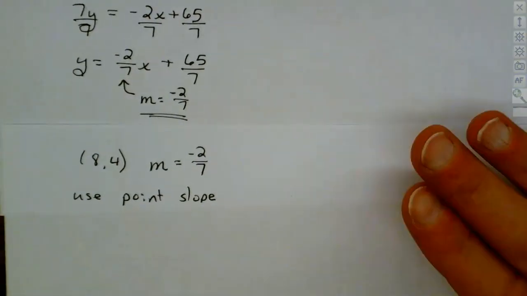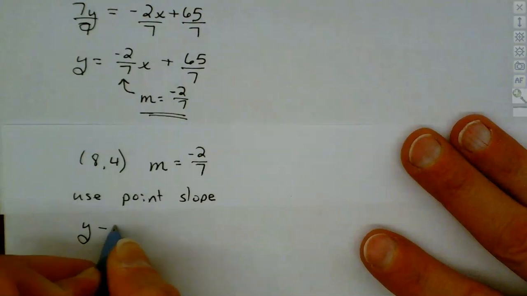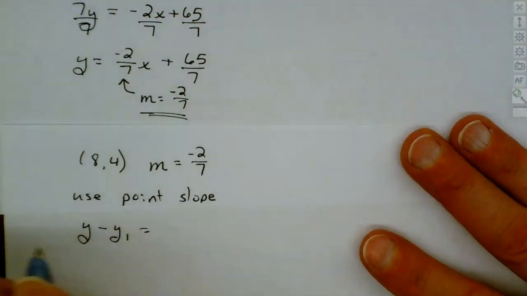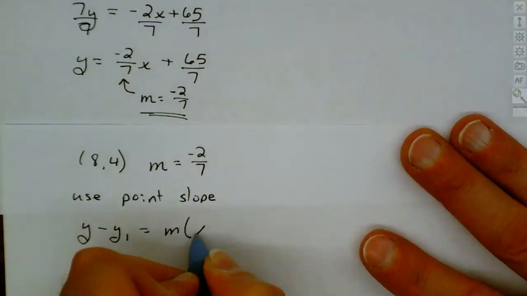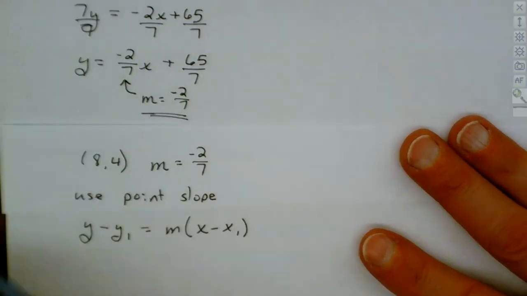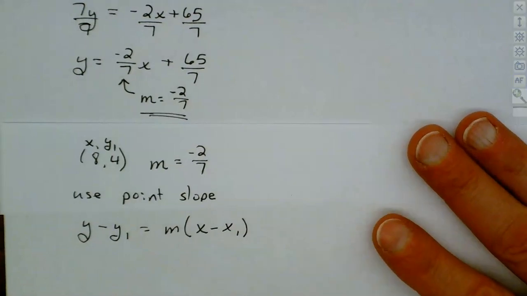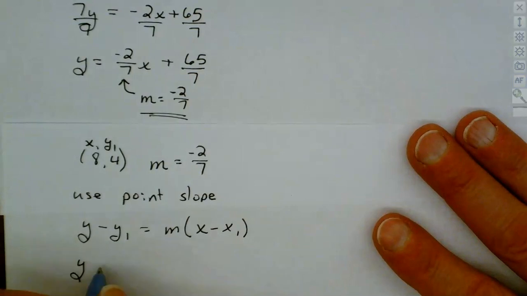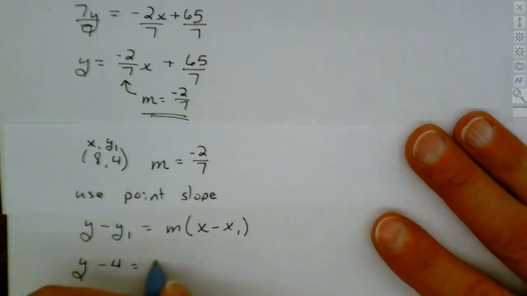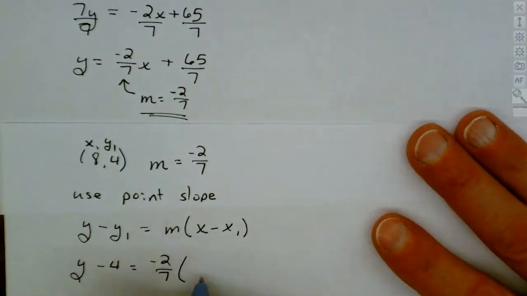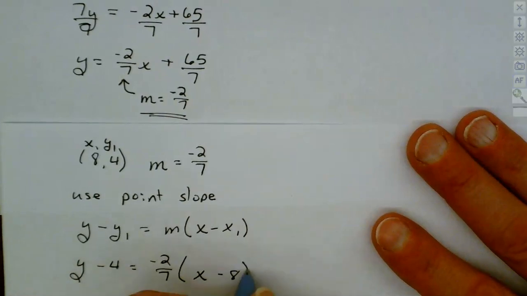And what does our point slope formula look like? y minus y1 equals m times x minus x1. This is your x1, and that is your y1. Fill in the pieces. So that's y minus 4 equals a minus 2/7 times x minus 8.